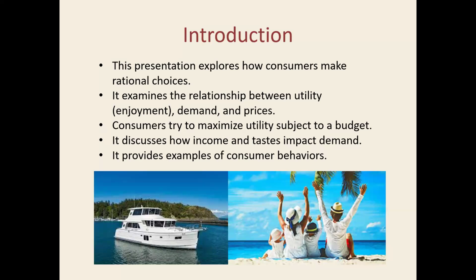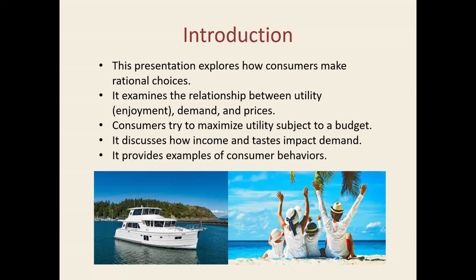One of the concepts we're going to look at is the idea that as you consume more and more of something, your marginal utility, or additional utility, from that product decreases.